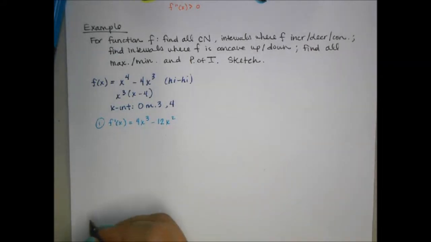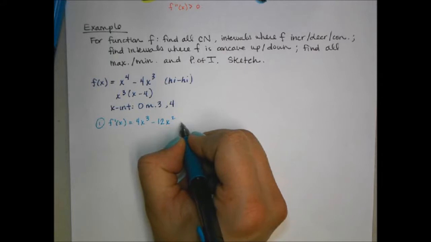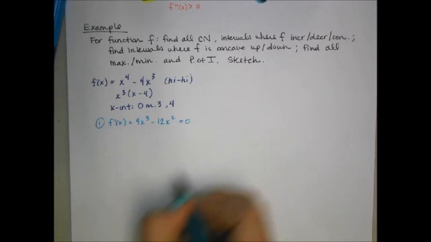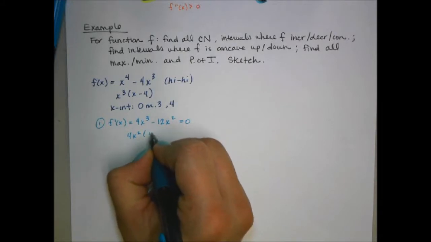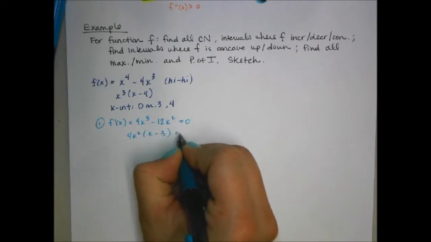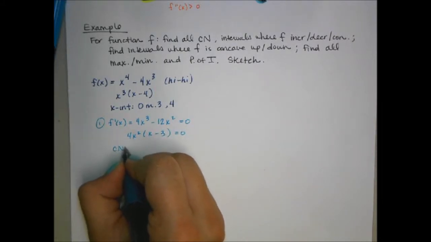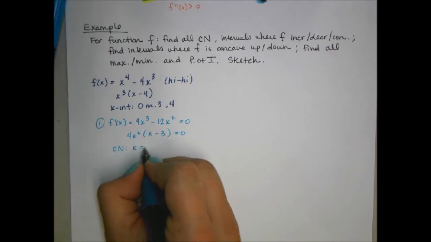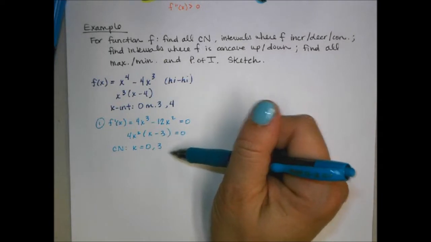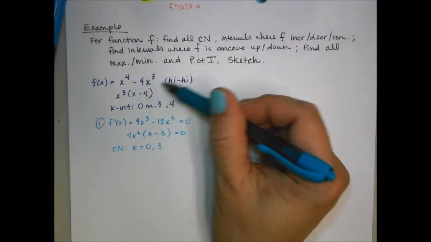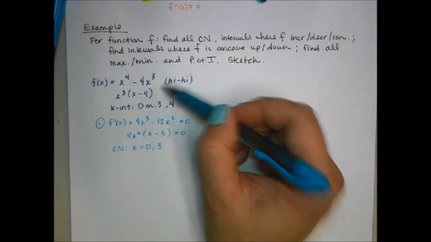We want to set this equal to 0, so we're going to factor it. 4x squared, we're left with x minus 3. So I have critical numbers 0 and 3, plus anywhere the function is not differentiable or where the function doesn't exist, but polynomials, they exist everywhere. These are our only critical numbers.